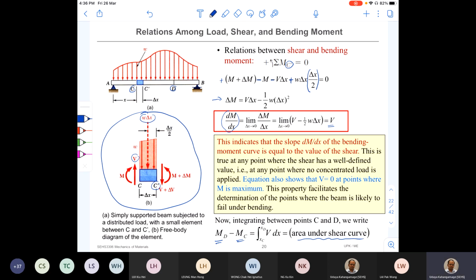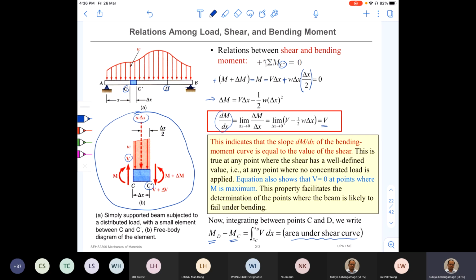Once you complete your shear force diagram and want to find the bending moment variation between 2 points, that variation is equal to the area under the shear force curve between those 2 points. Very good information. So once you develop your shear force diagram, using this relationship you should be able to construct your bending moment diagram without writing any equations. But you need some practice and good understanding of these concepts.